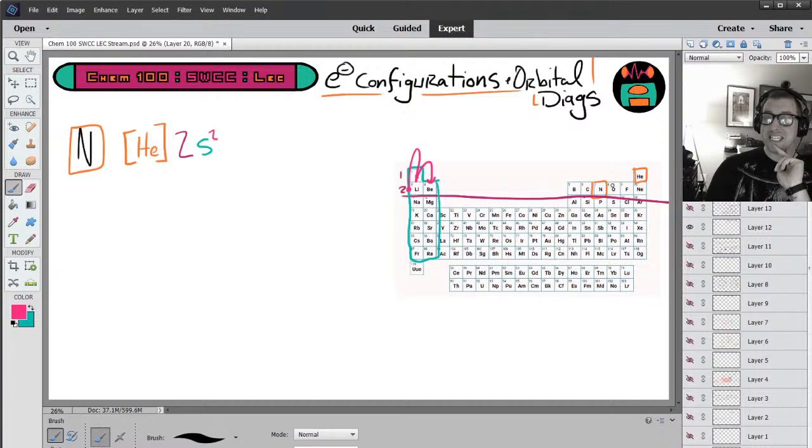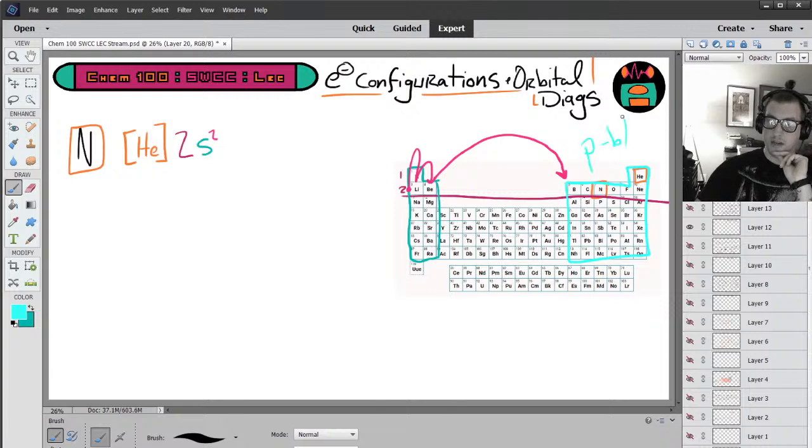But now we need to get to nitrogen. We need to jump from the S block over into the P block. Right? We're still on the second period.